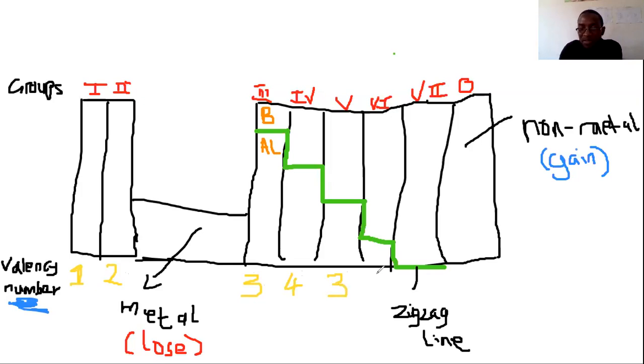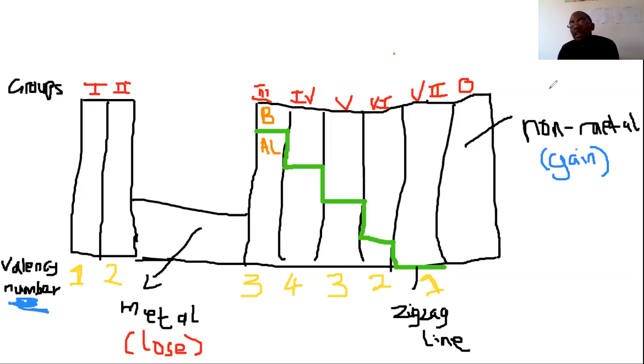Group 6, the valency number is 2. And group 7, the valency number is 1. So you'll notice that the valency number begins to decrease from group 5. So it will be 1, 2, 3, 4, 3, 2, 1.